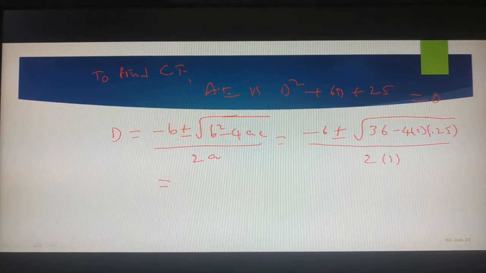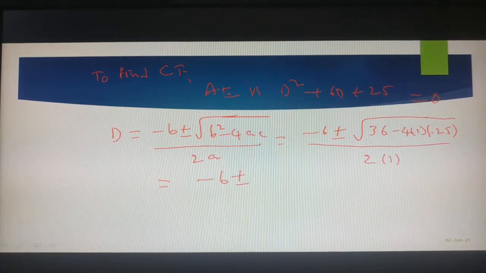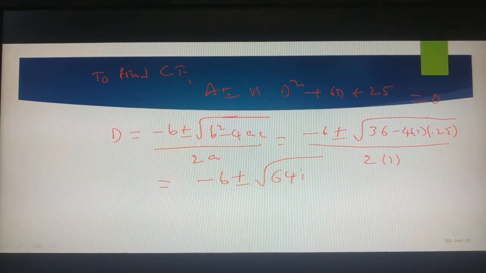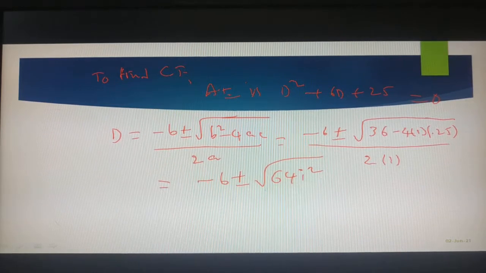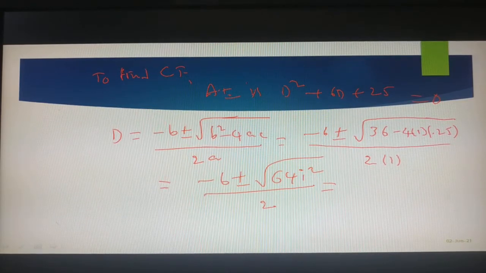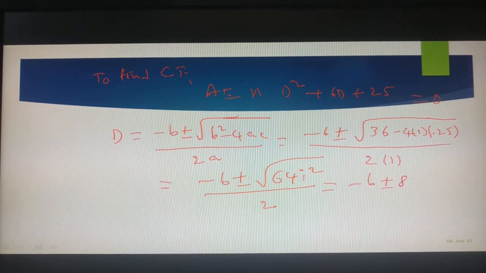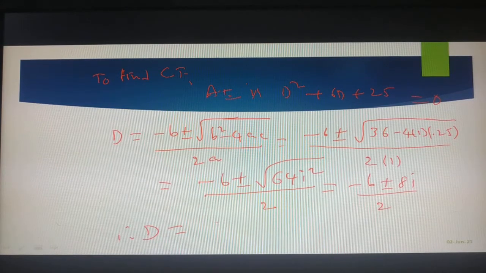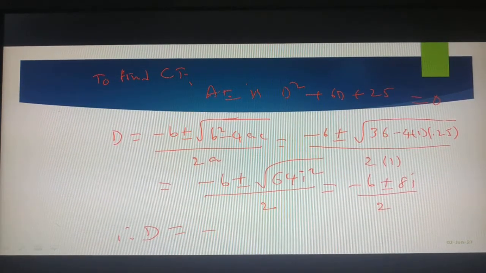So what we got here is minus 6 plus or minus under root of 36 minus 100, that will be minus 64. So I can write under root 64 i square, since minus 1 is i square, and the square root of 64 is 8, which comes outside. So minus 6 plus or minus 8i by 2. So finally the roots we get are complex roots. When I split this, minus 3 plus or minus 4i.